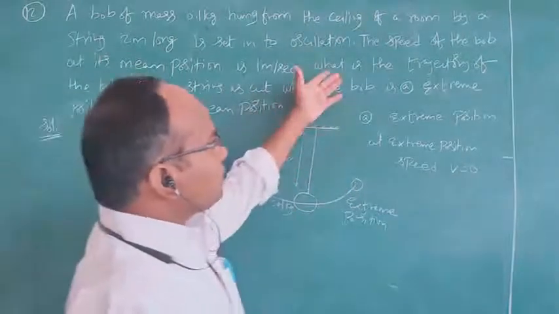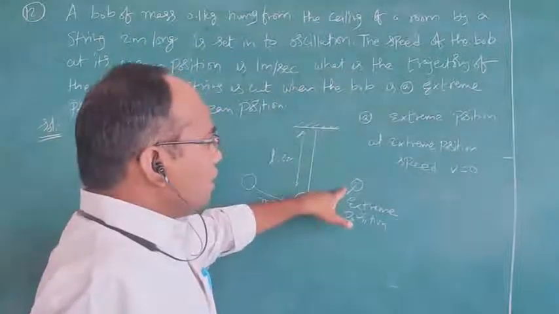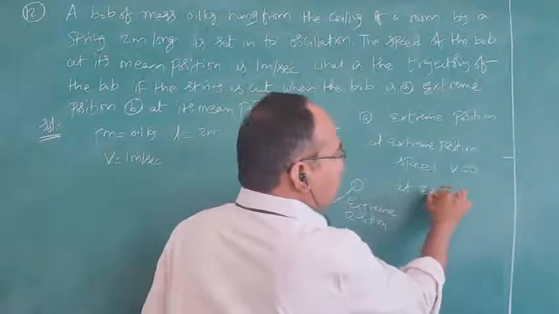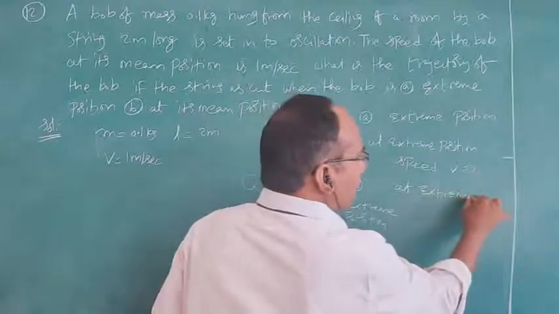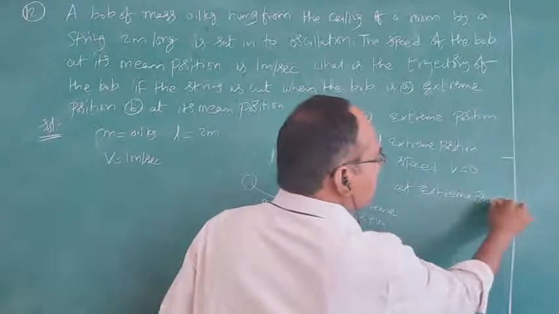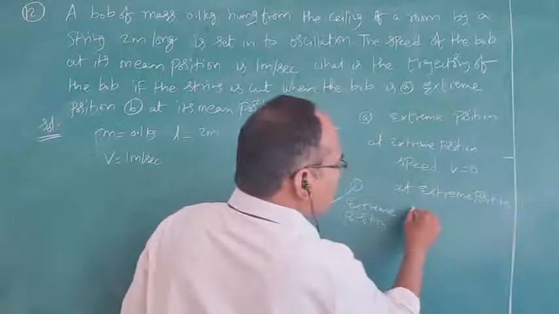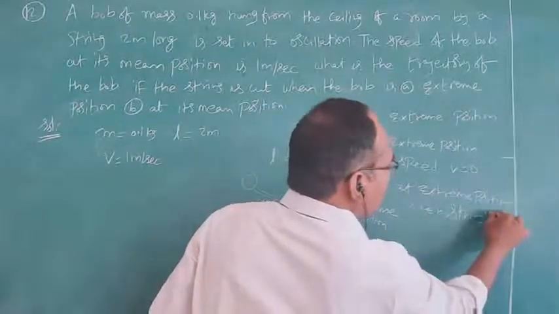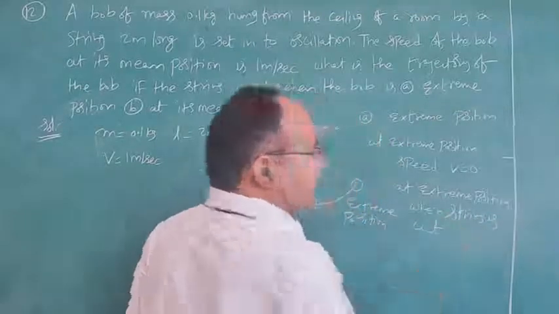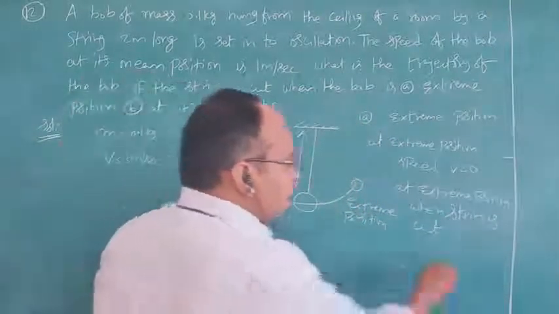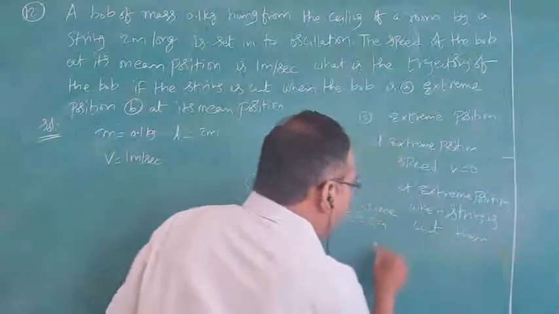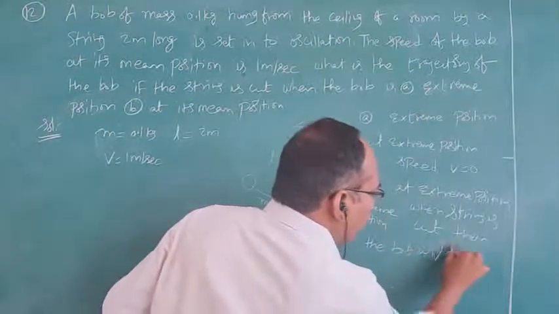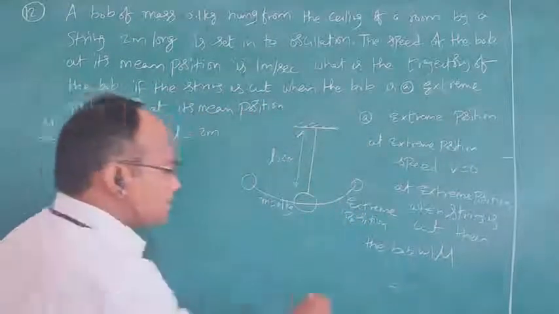Now when the string is cut at the extreme position, the bob will fall vertically downwards.